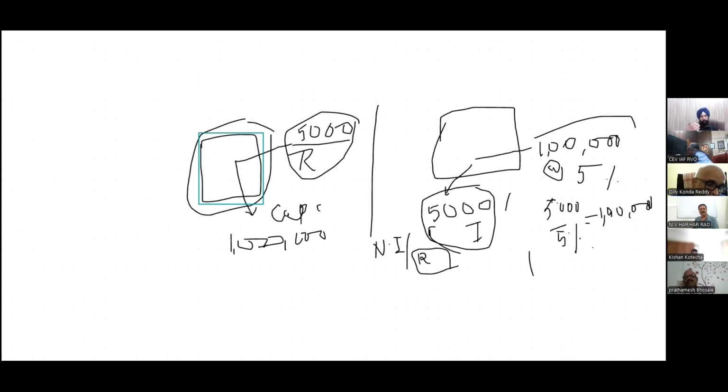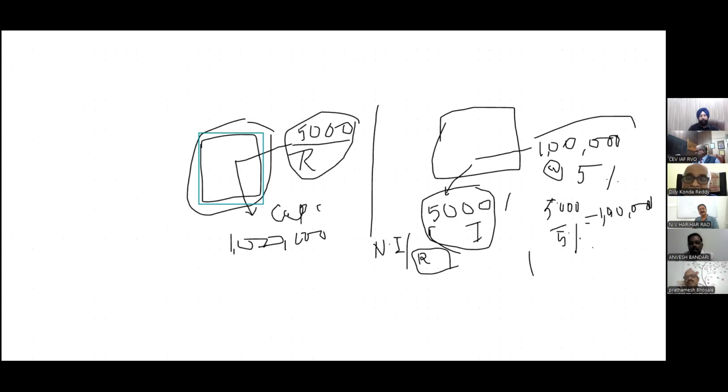In this 5,000, 5% and 1 lakh, which is the capitalized value, which is the capitalization rate, and which is the income? Sir, this 5,000 is income.